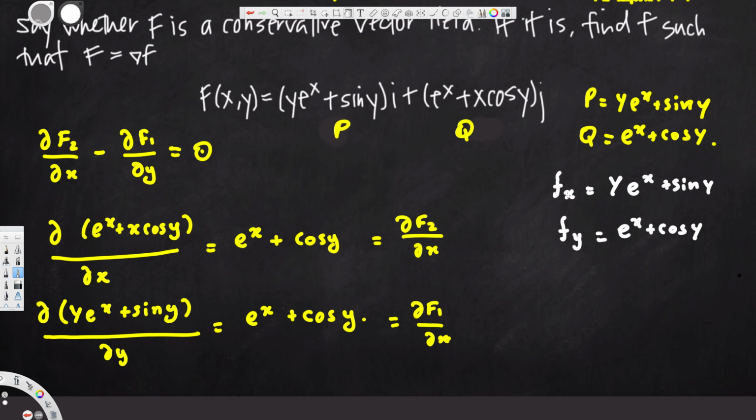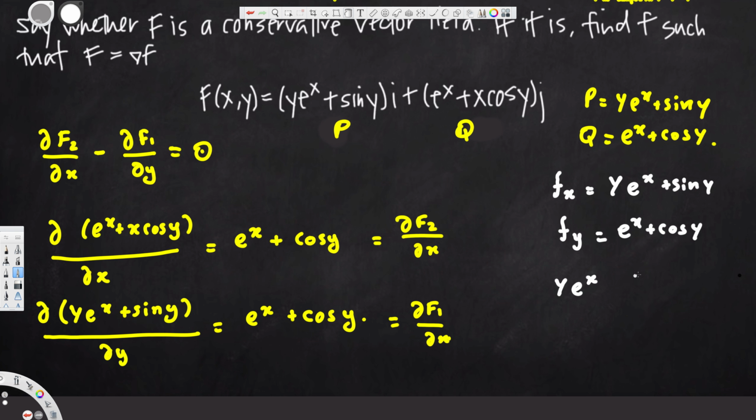Then, to get rid of this x, we are going to integrate this one with respect to x. If we do that, we get y e^x, because the integration of e^x is just e^x, and y is a constant, so it doesn't do anything.